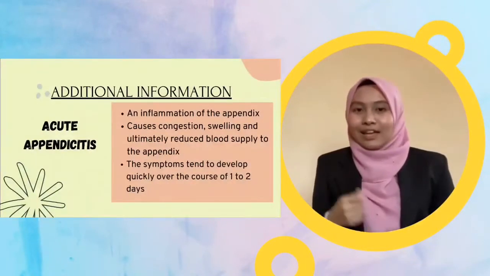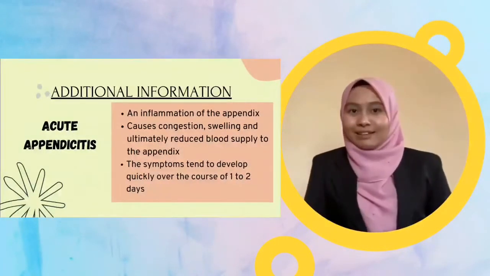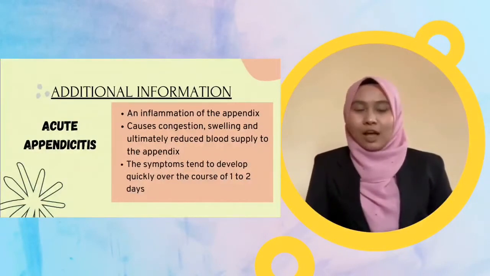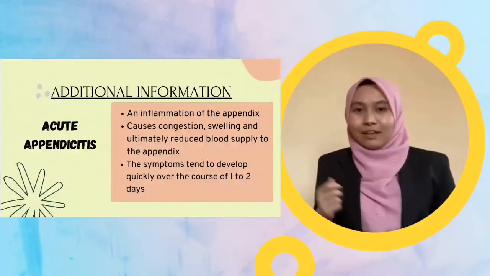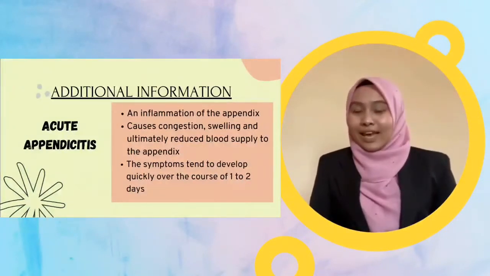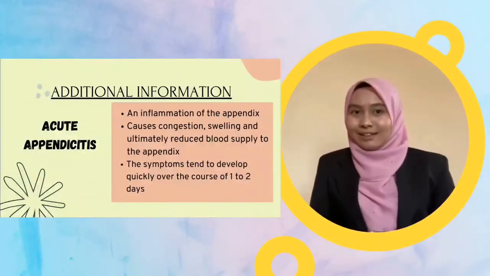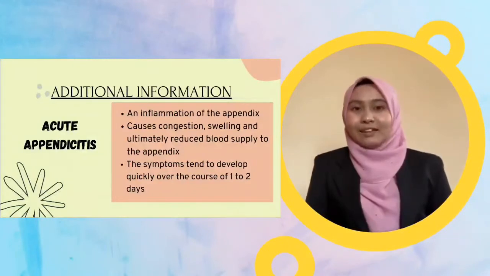Next, the additional information is the disease. Acute appendicitis is an inflammation of the appendix. This inflammation causes congestion, swelling, and ultimately reduced blood supply to the appendix. Acute appendicitis is a severe and sudden case of appendicitis.